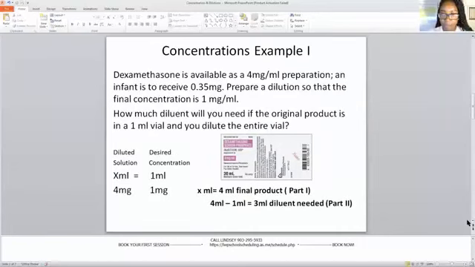Are you ready? Dexamethasone. Okay, let's stop right there. If you've been following me for a minute, you know that I teach word stems. So when you see dexamethasone, ending in S-O-N-E, what kind of drug is that?